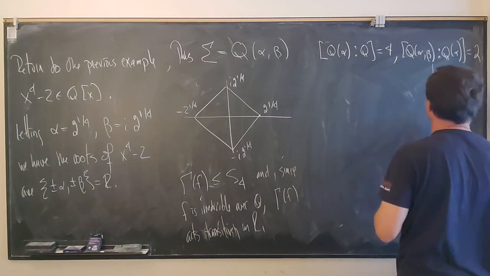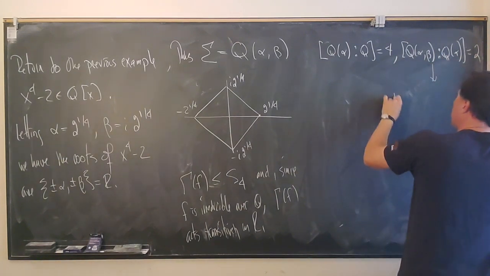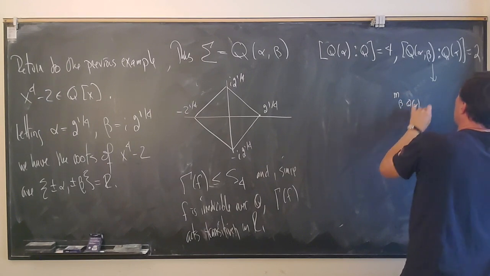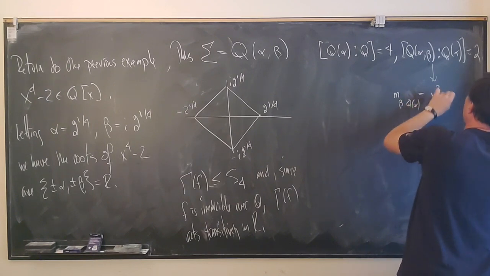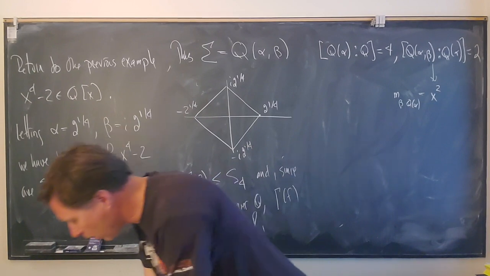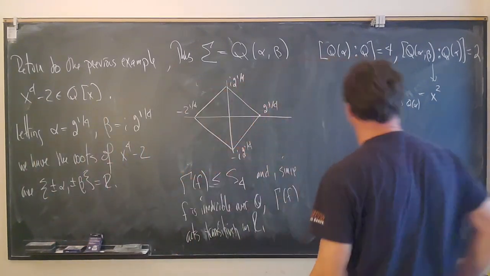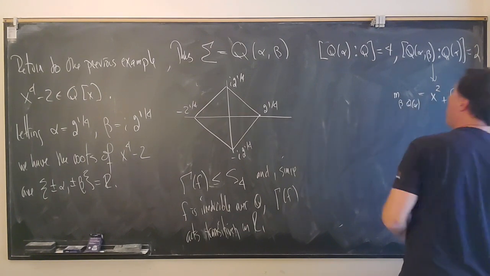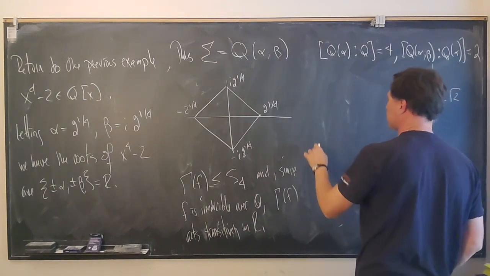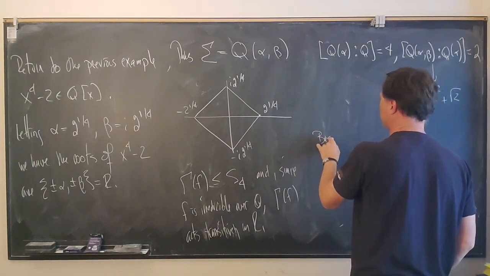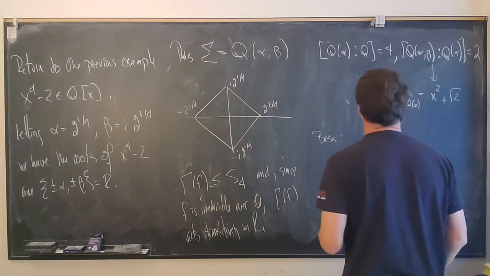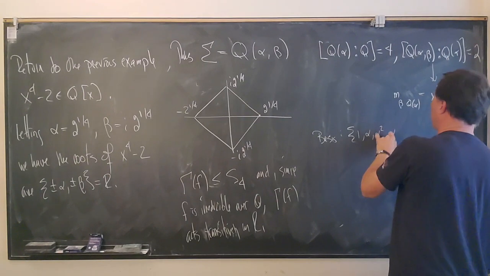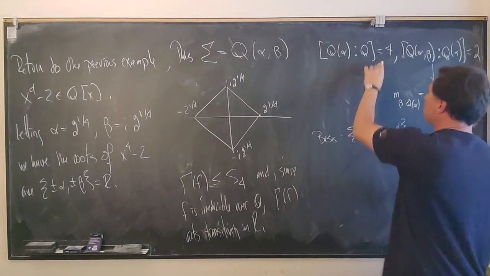I adjoined beta at this stage. So the minimal polynomial for beta over Q adjoin alpha is x squared plus square root of 2. So we've got a basis. In the first case, that's going to be 1, alpha, alpha squared, alpha to the 4th. That's the basis for this one.